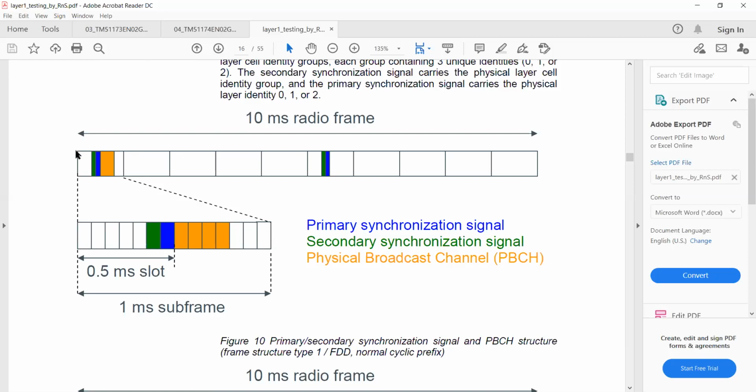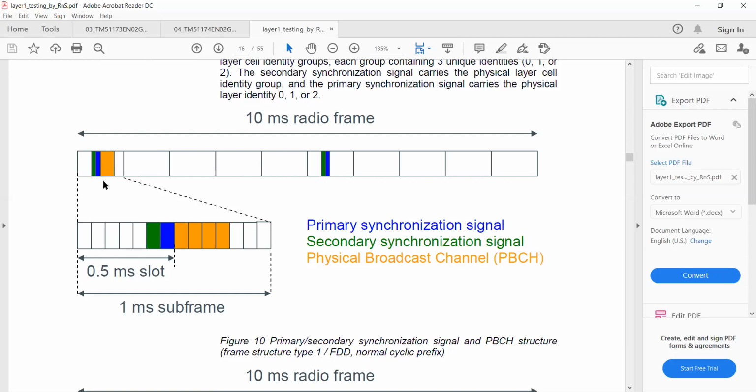So in one radio frame, we have 10 subframes, right? 1, 2, 3, 4, 5, 6, 7, 8, 9, 10. Each subframe has 2 time slots, of duration 0.5 millisecond, because one subframe is 1 millisecond duration.